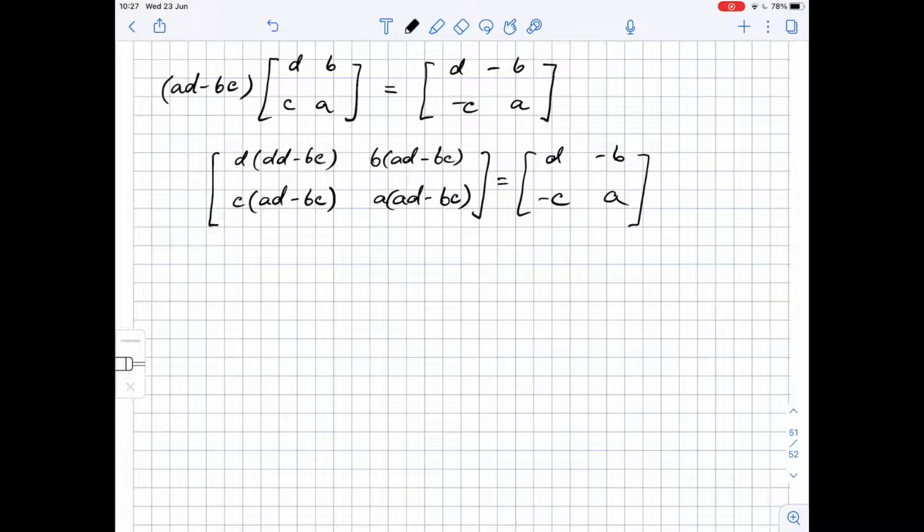Well, now since these two matrices are equal, then all of their values need to be equal.